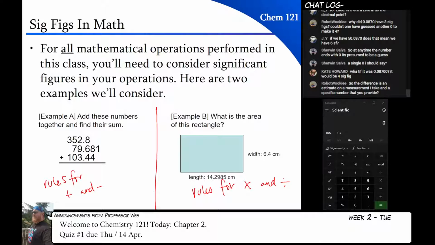So these rules will be different, so be very careful that you are not applying these rules that I'm about to teach you to the wrong operation. You're going to learn one set of rules for addition and subtraction, and one set of rules for multiplication and division, and they are different. So be careful.